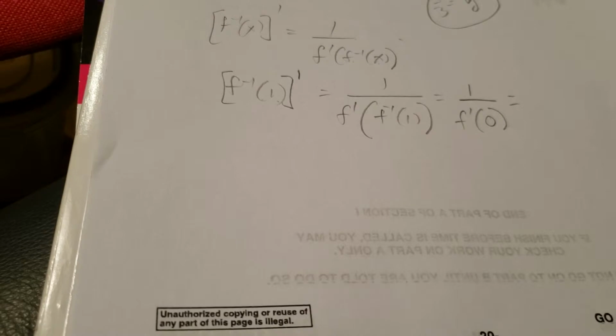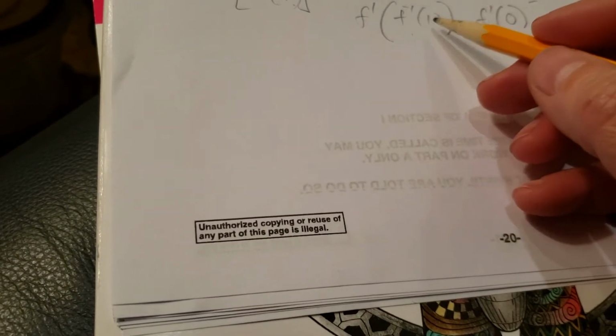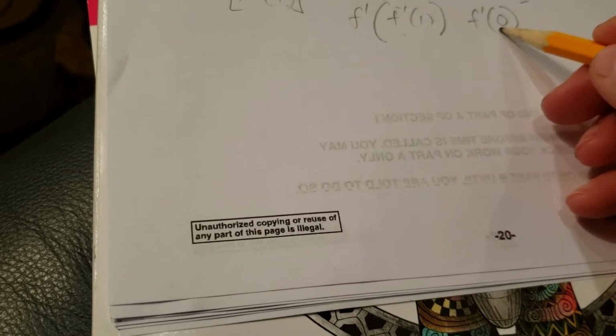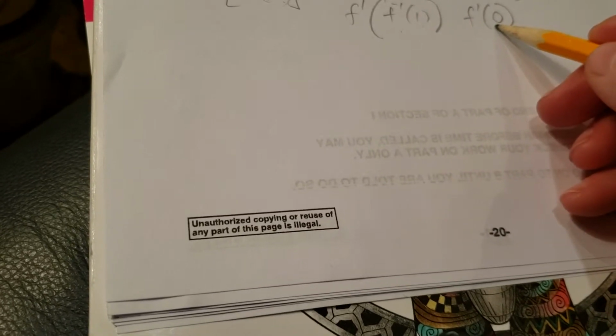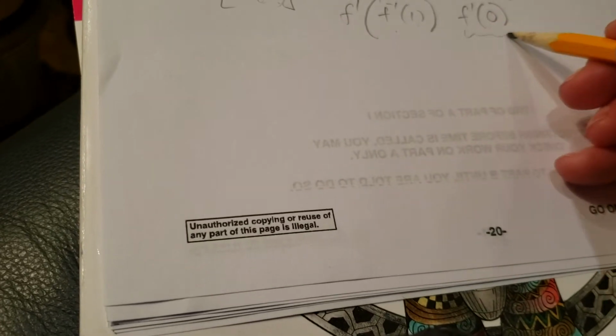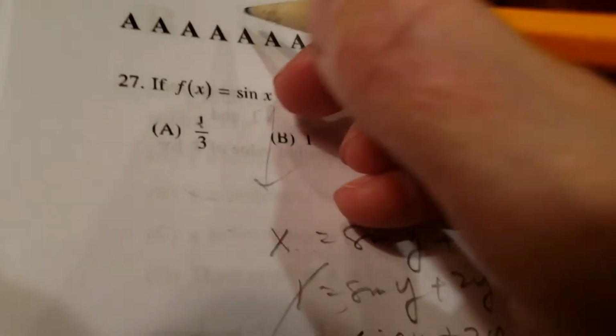f inverse of 1 is 0. Right. Okay. So then f prime of 0, well, we go back here. What's f prime?